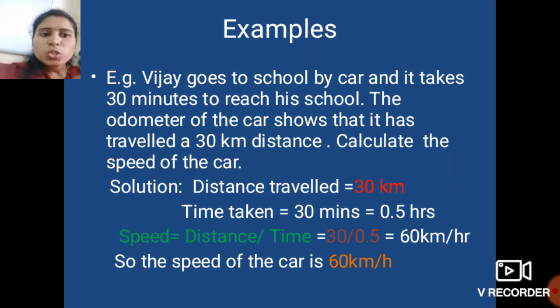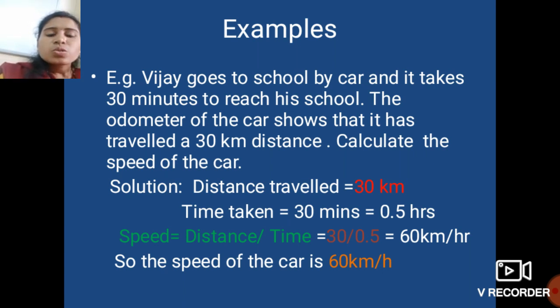So 30 minutes is equal to half an hour, because 60 minutes is equal to 1 hour. So we can divide, meaning 30 minutes is equal to 0.5 hours, meaning half an hour.